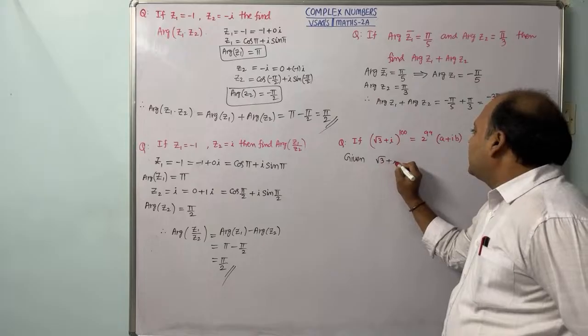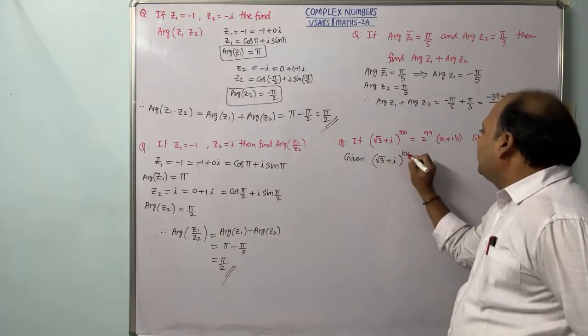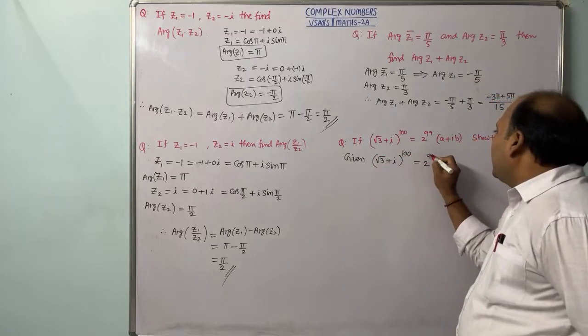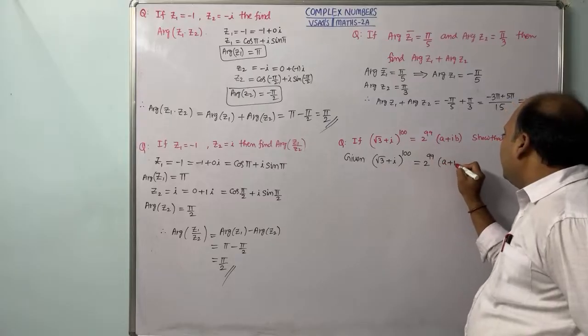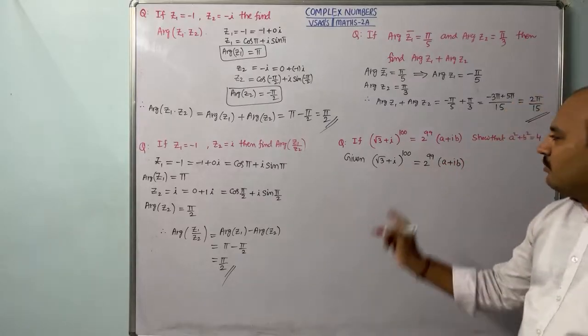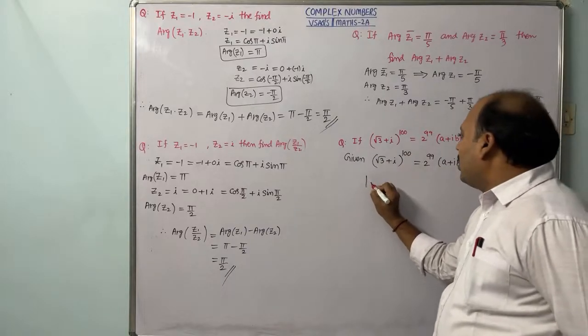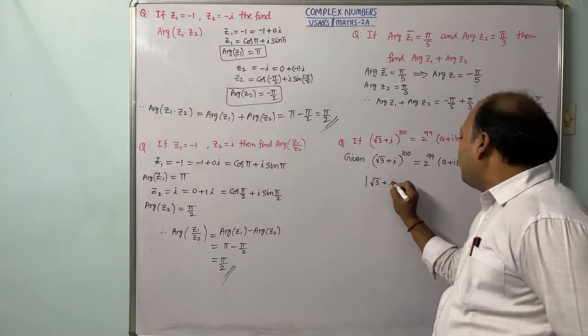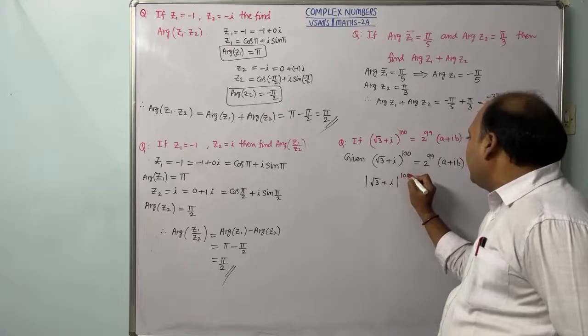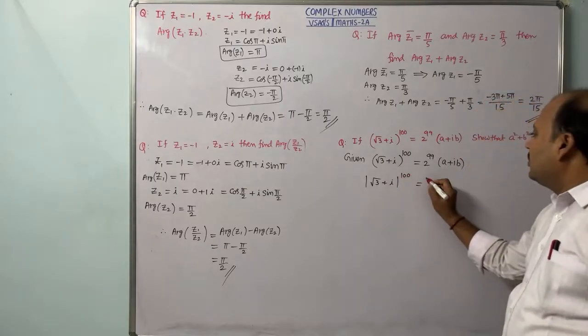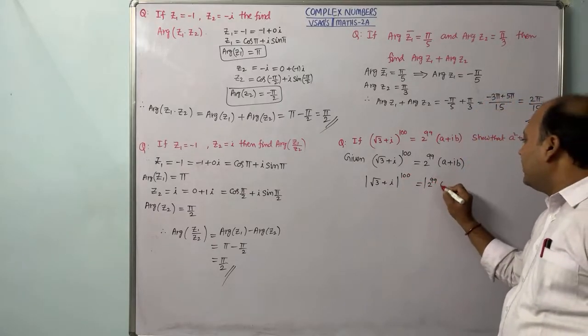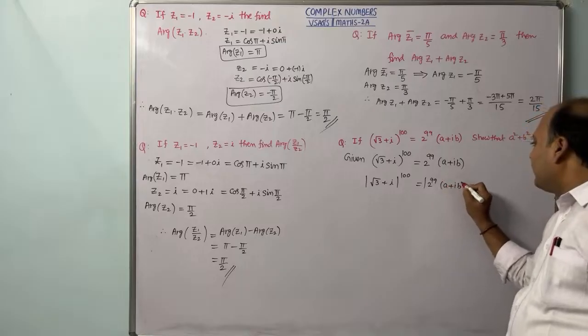root 3 plus i whole power 100 is equal to 2 power 99 into a plus ib. Taking modulus on both sides, modulus of the complex number root 3 plus i whole power 100 is equal to modulus of 2 power 99 into a plus ib.